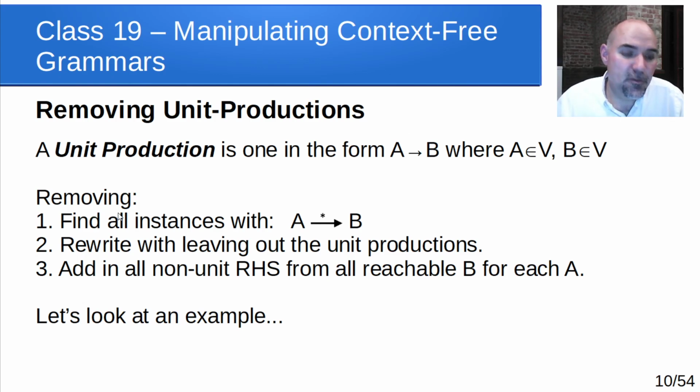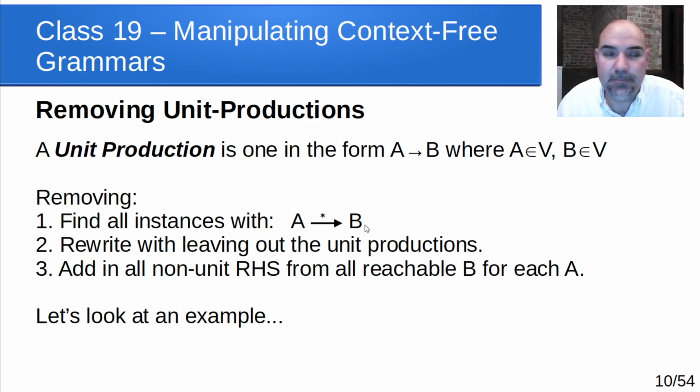Okay, so to remove, there's a three-step process here. The first step, find all instances where we have a variable producing another variable. Any variable that could produce another variable with nothing else, just that other variable, we identify those. And then we rewrite by leaving out all the unit productions. In other words, any production that has a variable producing another variable, we just rewrite it without those.